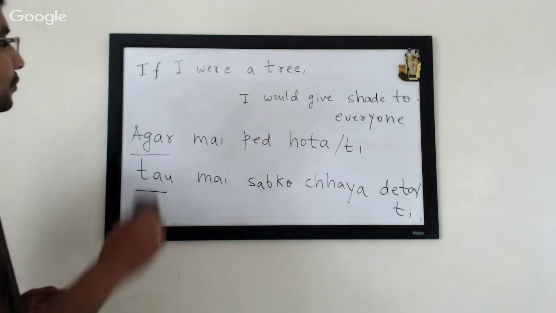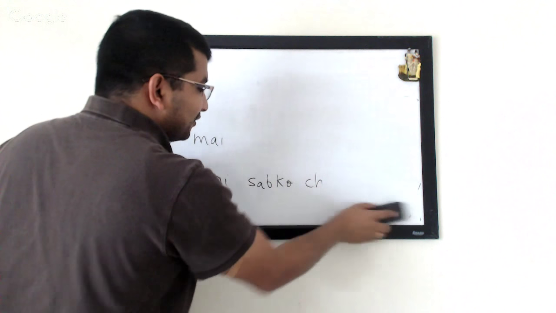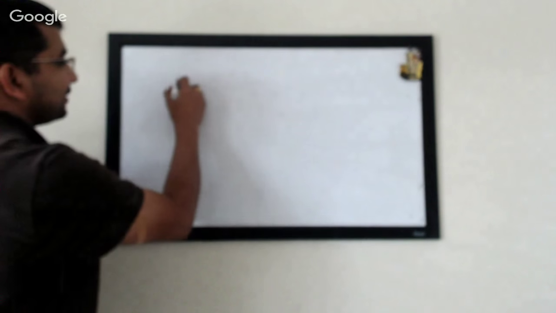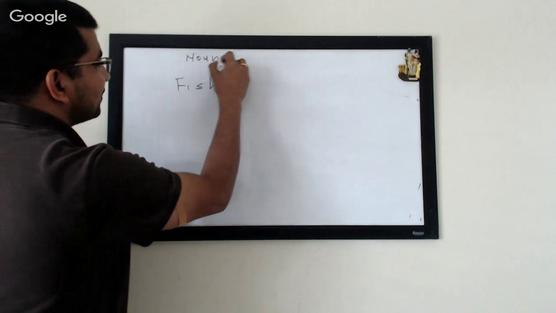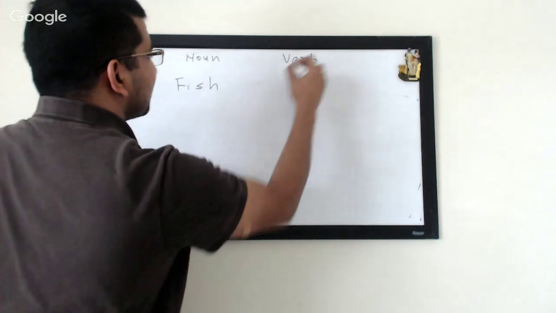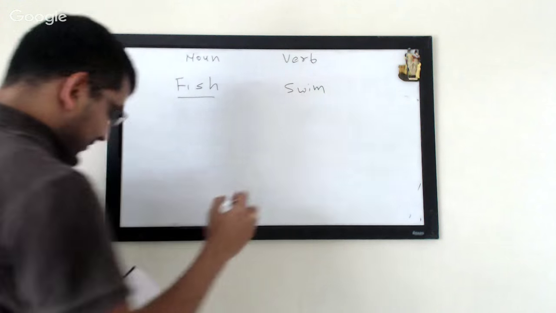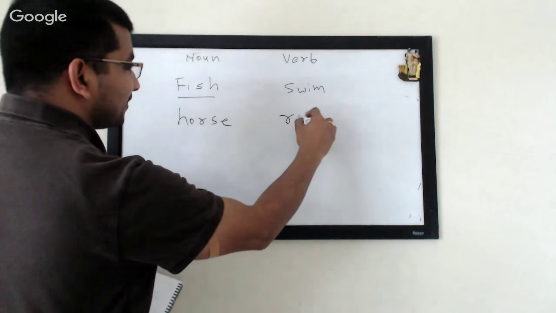Now I can give you a pattern for your poem, but again, you should write it on your own. It should be your own imagination, right? But pretty much you can think of in terms of your noun here and verb here. You can think of fish, swim. You can think of horse, run.